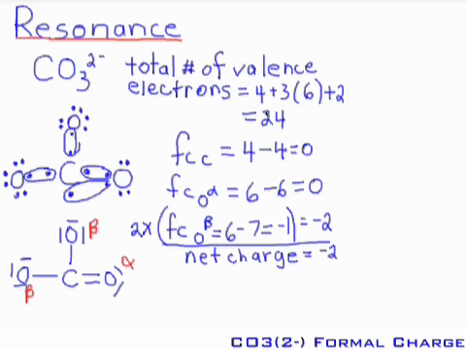Also, I should check to confirm I have 24 electrons. If I count my electrons, I've got 2, 4, 6, 8, 10, 12, 14, 16, 18, 20, 22, 24. So the net charge confirmed, the valence electrons confirmed. This structure works. I can check the hybrid orbital number of carbon, the H.O.N of carbon.